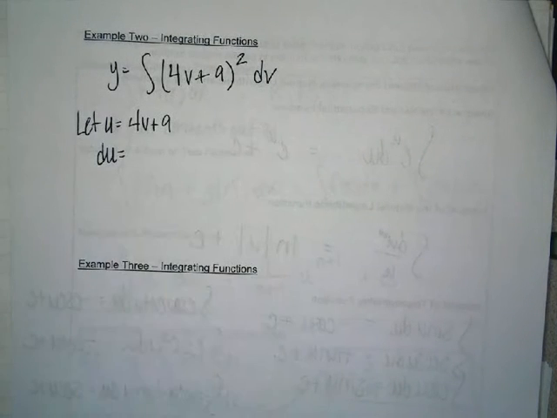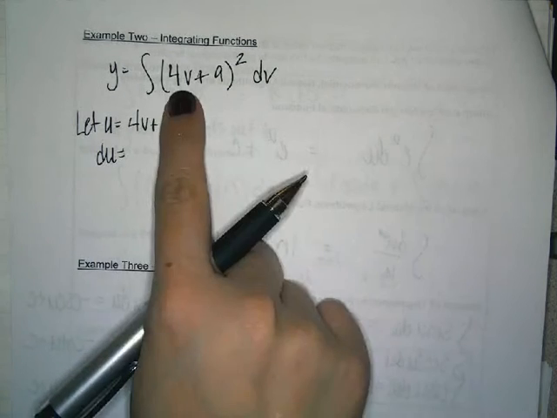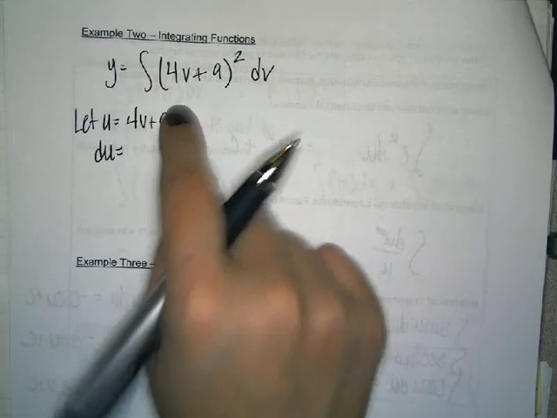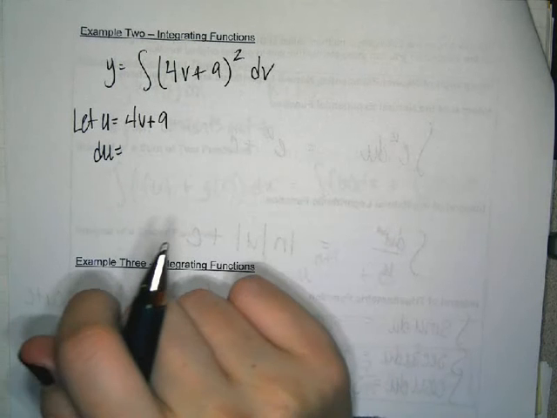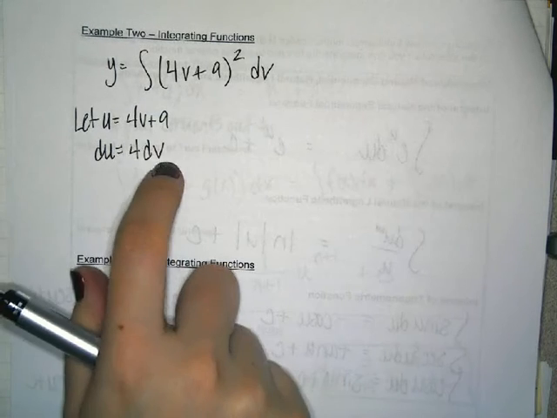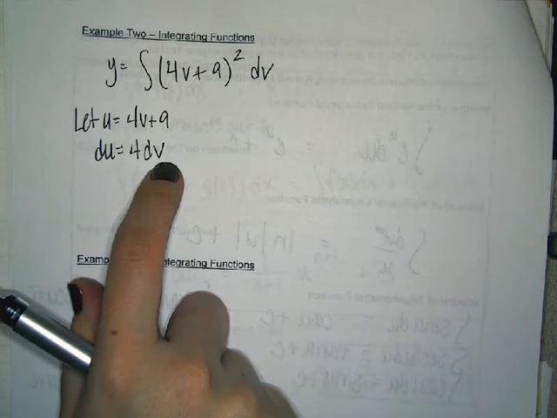Now, this is not my final step because I do have to replace what u is. So I'm going to perform my substitution again and replace u. My final answer is 1/12 (4v plus 9) cubed plus c. Now, if you're not sure you did it right, you can always take the derivative of this, and you should get what you started with.